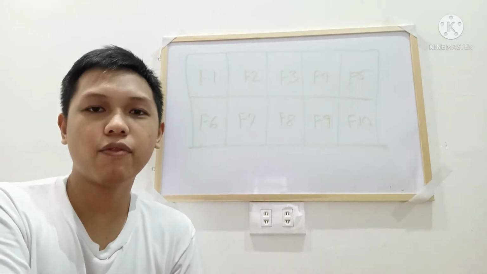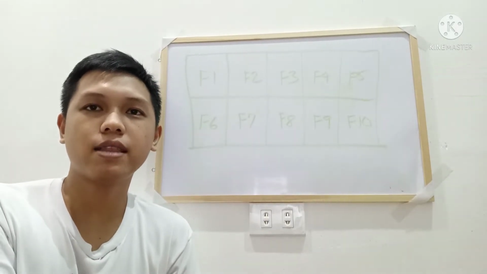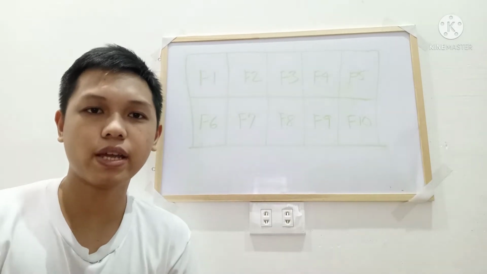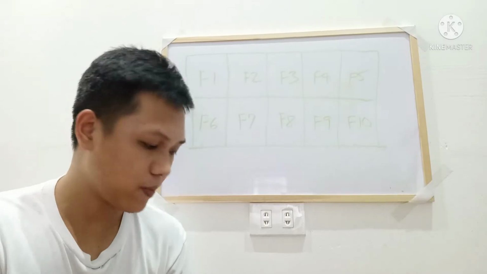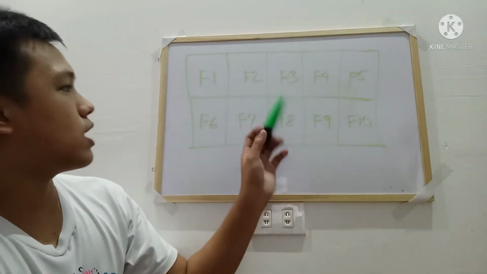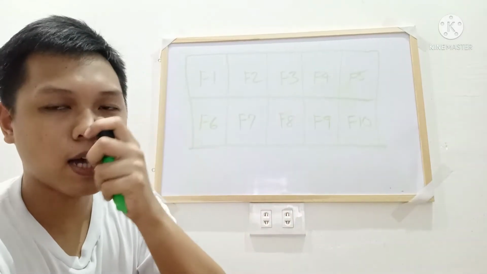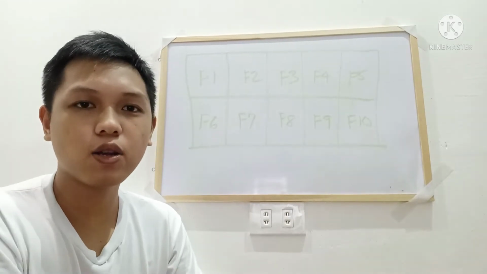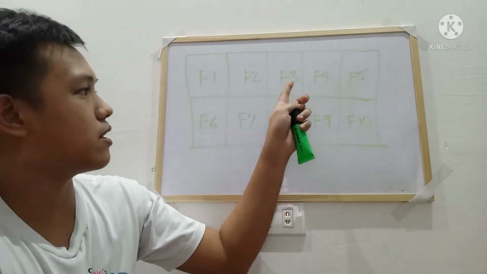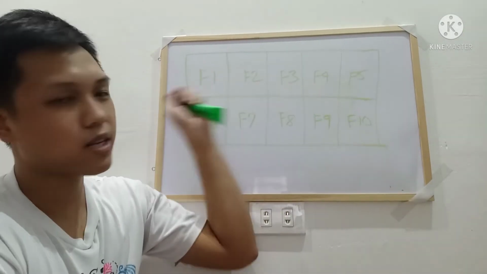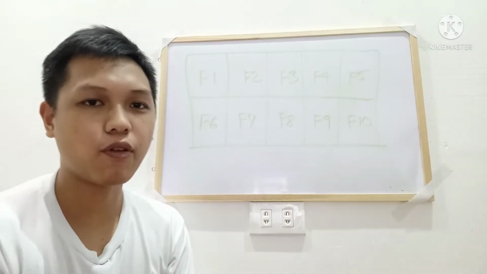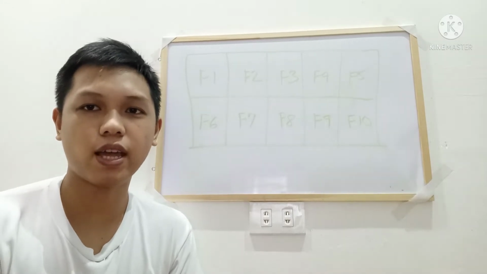So now we will give an example on how to get the key classification and write it into the classification line. For example, if ang atong loop type of pattern is located in finger number 4, so fingers number 1, 2, 3 are disregarded and start na sa finger number 4, and mao na ang atong key classification.